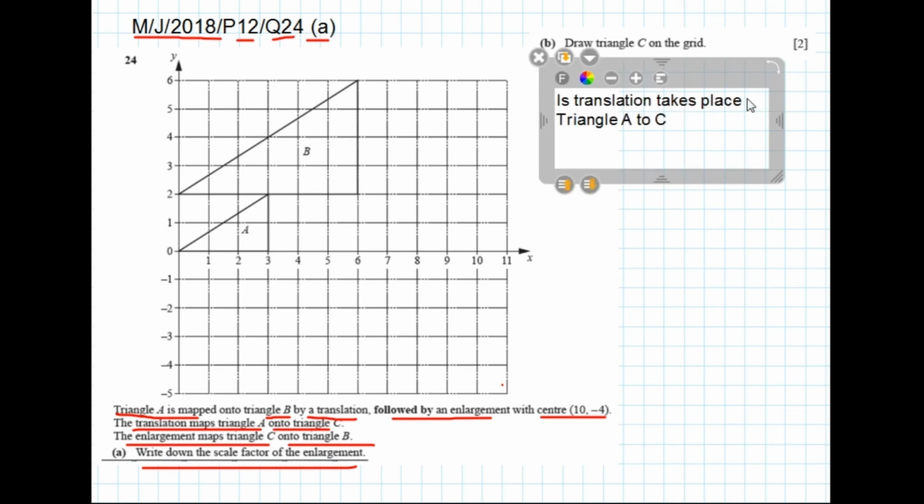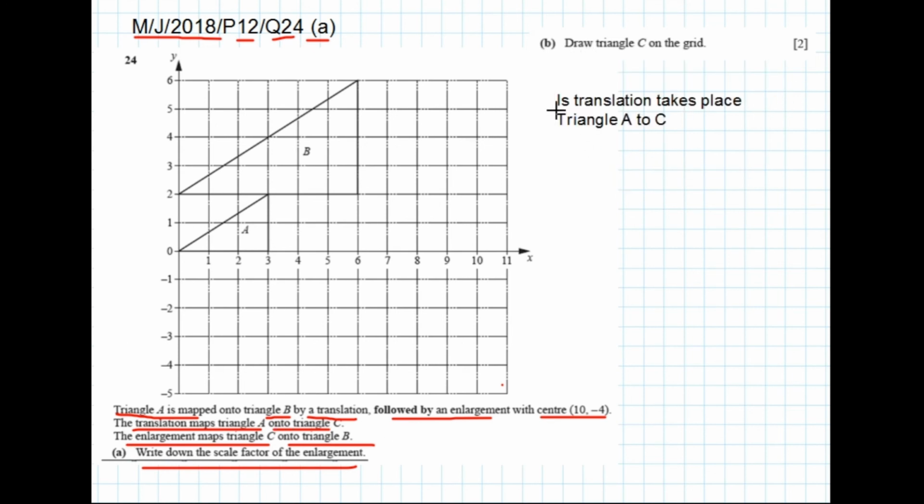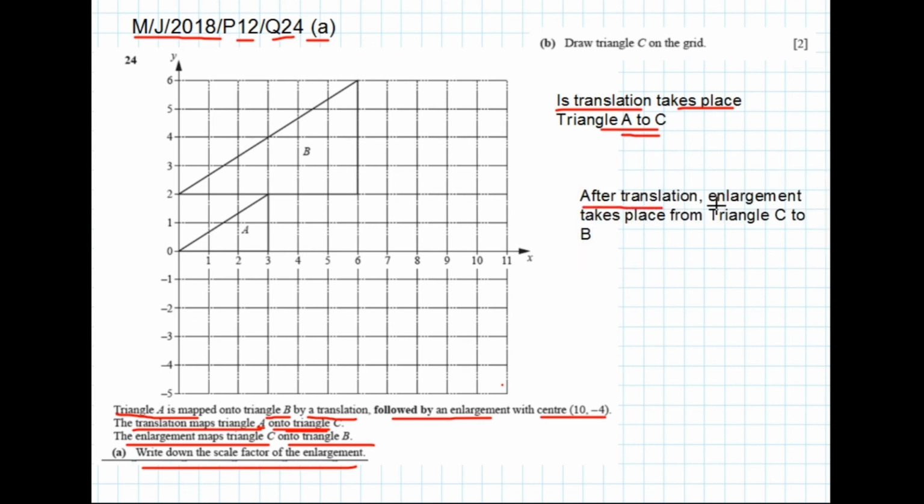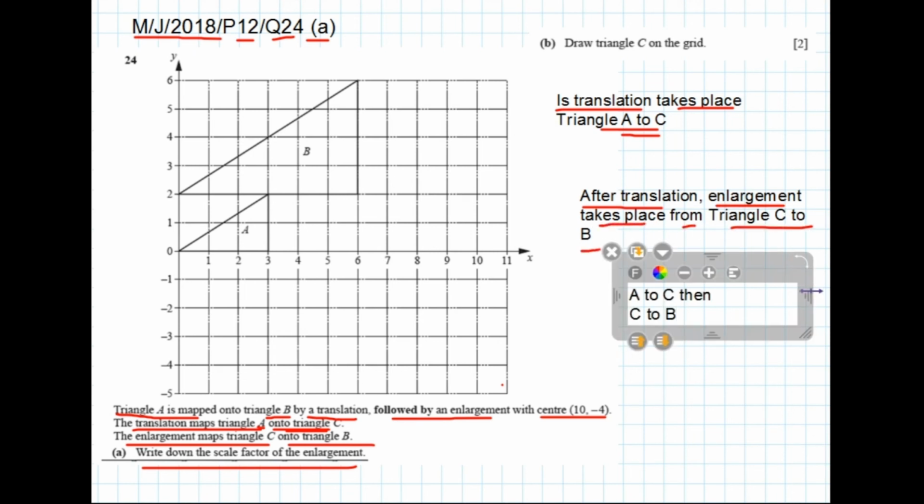First, the translation takes place, triangle A onto triangle C as given in the question. After translation, enlargement takes place from triangle C to triangle B, also mentioned in the question. In other words, A to C, then C to B.